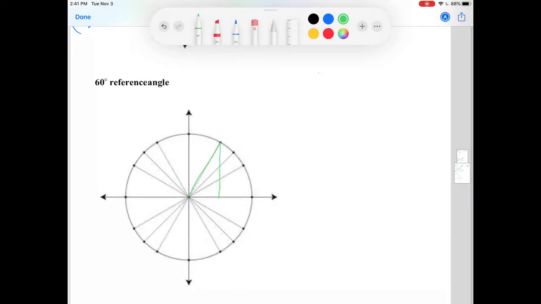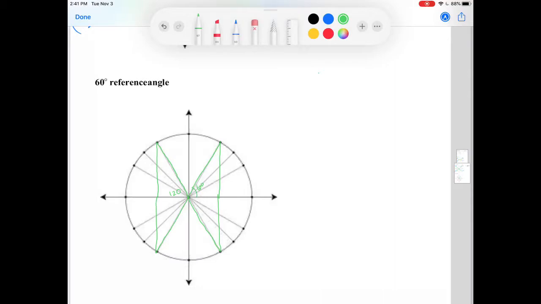All right, for the last one, we got our 30 down, we got our 45 down, and now we have our 60-degree reference angle. So 60 degrees is talking about this one here. That's my 60. And let's go ahead and label all of my 60s.